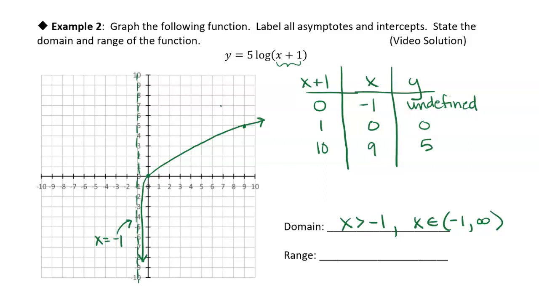So we have the domain. We found that the domain is -1 to infinity, and so what's the range? The range is the set of all possible y values. And really, y can be any value. So we can say all real numbers.